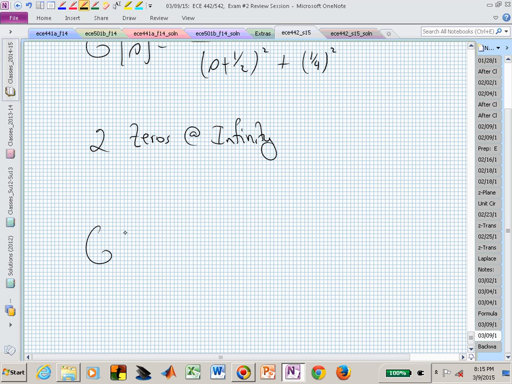Now, if I looked at G of Z, my denominator is going to be some Z squared. And if I had 2 zeros at infinity, if I did it the generic way, I would say if I map both of those to a value of Z equal to 1, then I would have something like that.